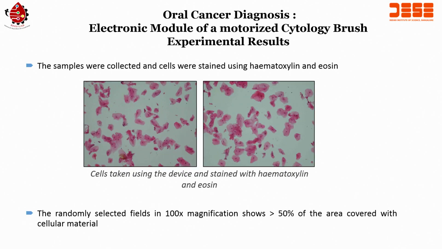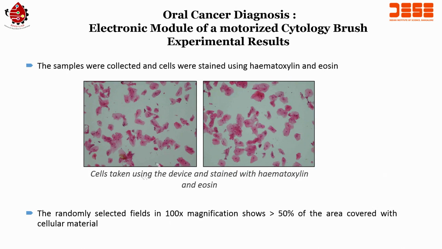All right. So, the cells were collected and stained using hematoxylin and eosin. We also call it, in short, H&E staining. So, cells are taken using the device and stained with H&E, and you can see the H&E stained cells right over here. The randomly selected fields at 100x magnification show that greater than 50% of the area is covered with cellular material.